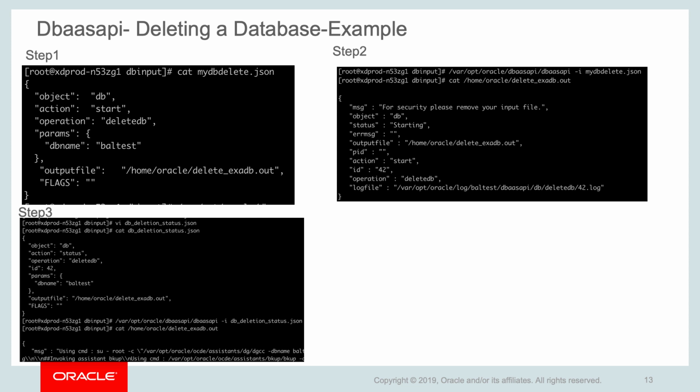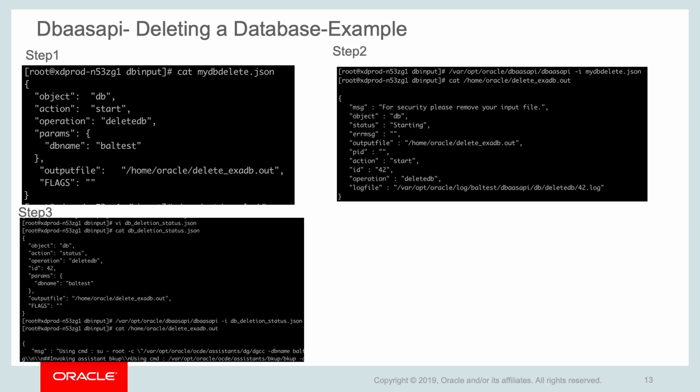The second step is checking the status, and again it has three steps: creating the JSON file, running the Debus API, and checking the output file. And even in the deletion example, we perform the same: create the JSON file, run the Debus API, check the output file, and check the ID.